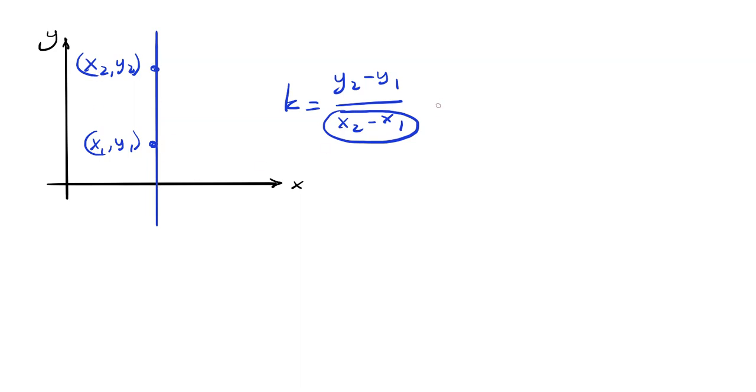They correspond to the same x. So here we have to divide by 0, and it's not possible to divide by 0. So the slope of this one is not defined.